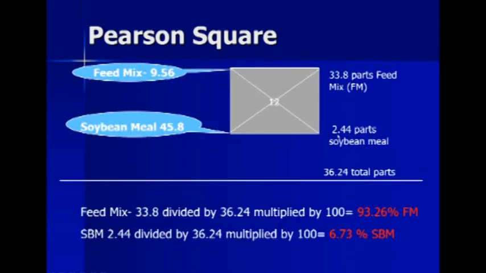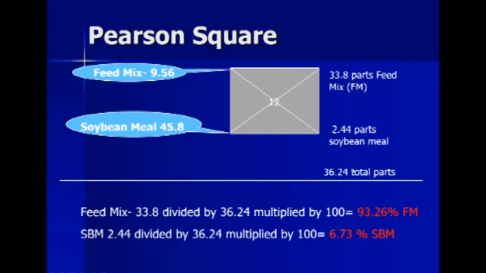Subtract diagonally, and then we get an answer in the form of 33.8 parts of feed mix and 2.44 parts of soybean meal. So the total of this is 36.24. It means out of this 36.24, 2.44 is the soybean share and 33.8 is the share of feed mix. So this total parts will give 12% of the protein.